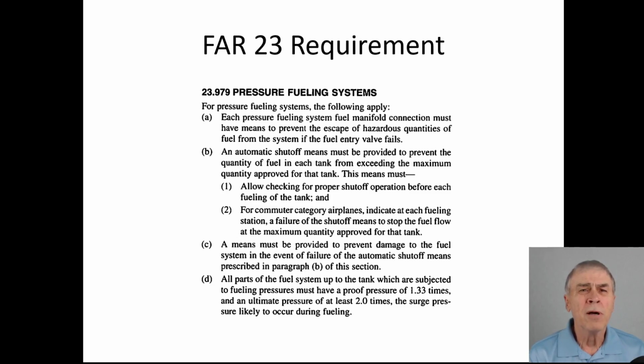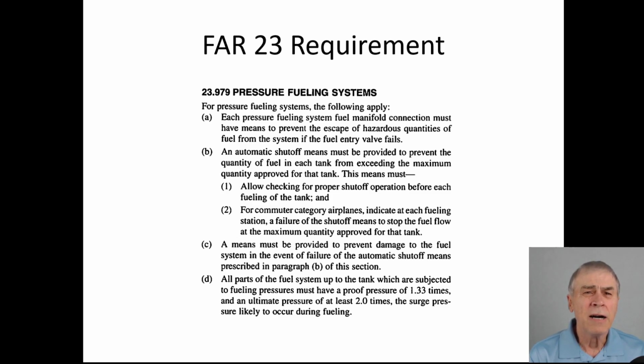Okay, the FAR 23, and as we know, it also covers 25, and possibly the old CAM, something we've covered before. But pressure fueling systems, it's in subpart 979, and the following apply.